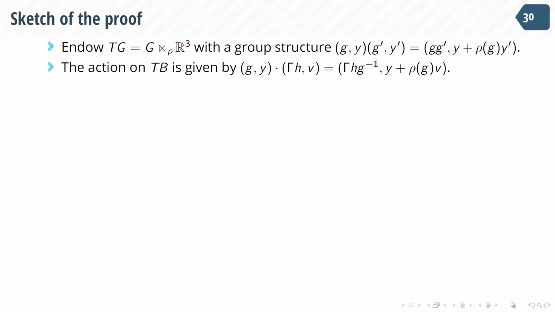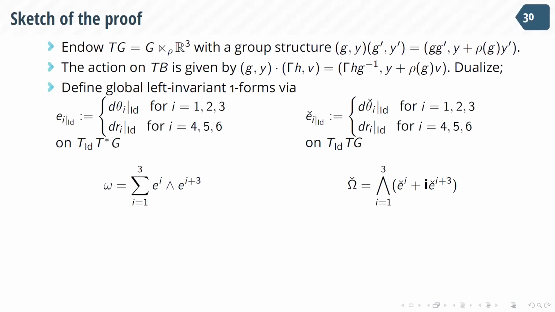Then we use this multiplication law to define an action on TB. We dualize everything, and then we define a preferred global left-invariant set of one-forms by defining them first at the identity of the corresponding six-dimensional group, and then extending by left invariance globally.